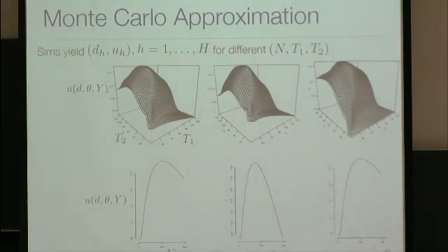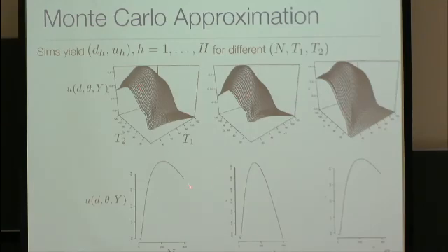We then carry it out on a grid, we just do a random sample on this grid of different values of n, T1, and T2. And we get these surfaces. I can only show projections. I can try to show 3 dimensions, but I can't show 4. So these are basically 3-dimensional slices of the utility surface.